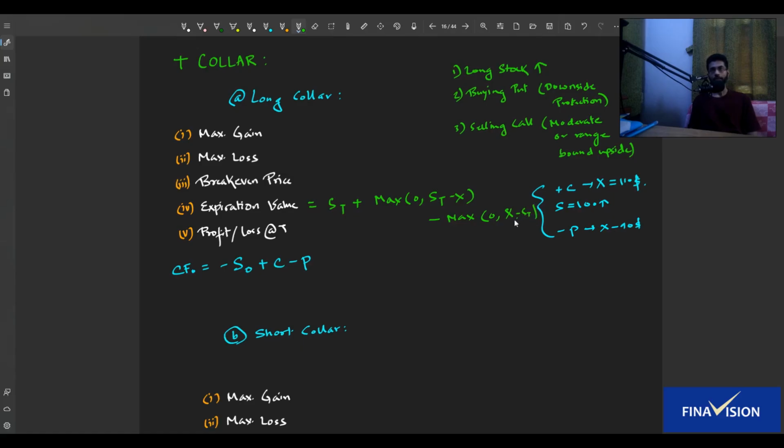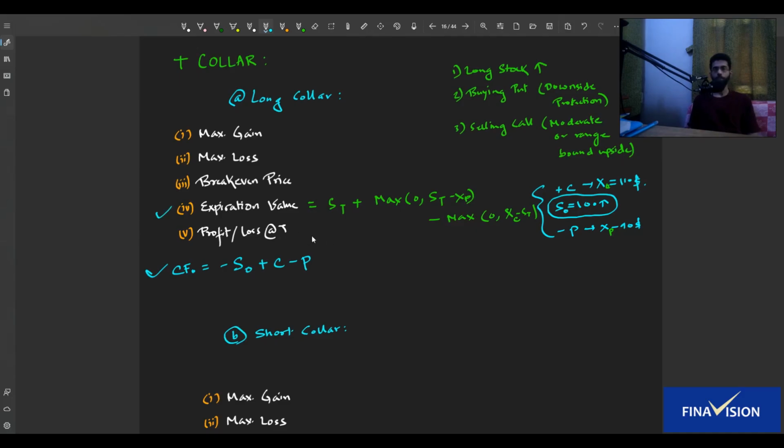Now this X is XC, the call strike price, and the previous one is the put strike price or XP, right? So let me write here XP and XC. These are two different strike prices on either side of the current price of the stock, right? And this S, you can say this is the S0, this $100.